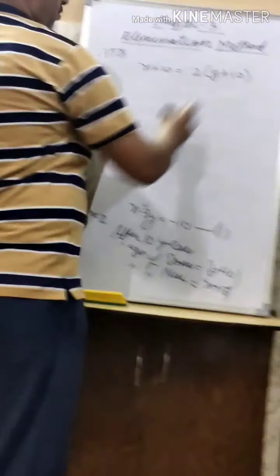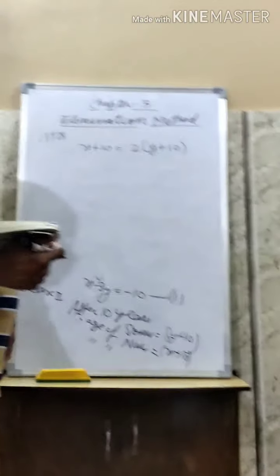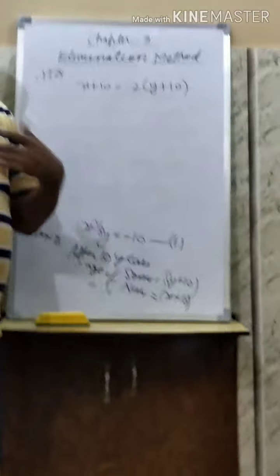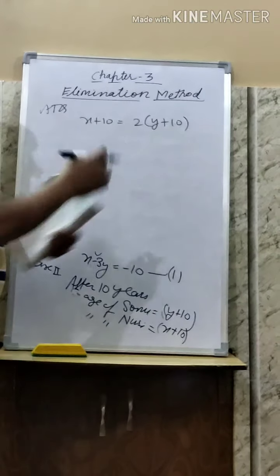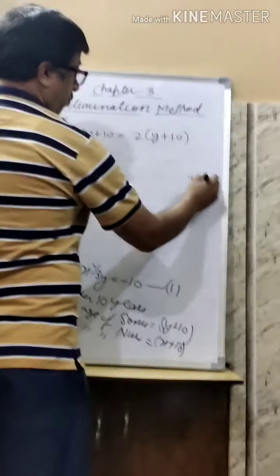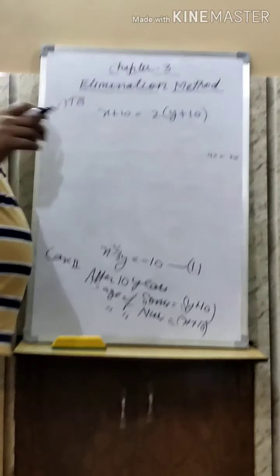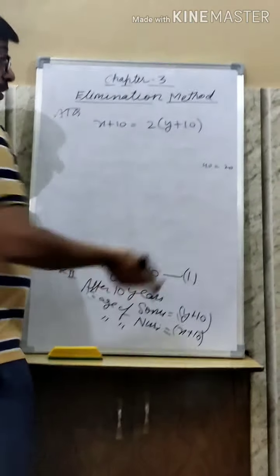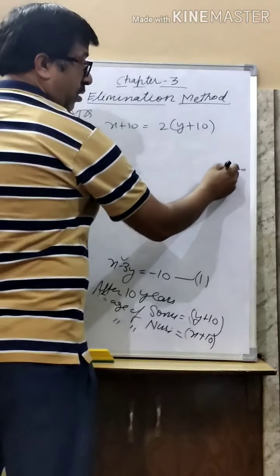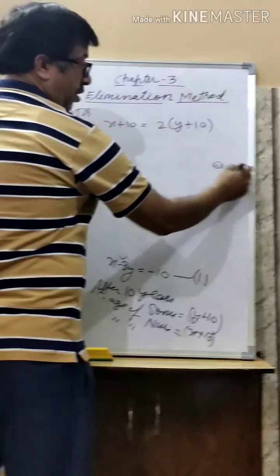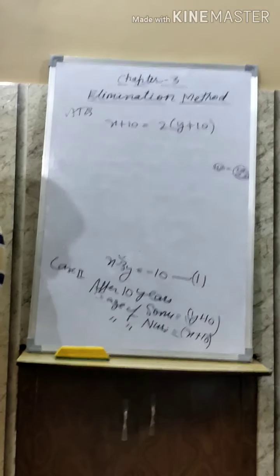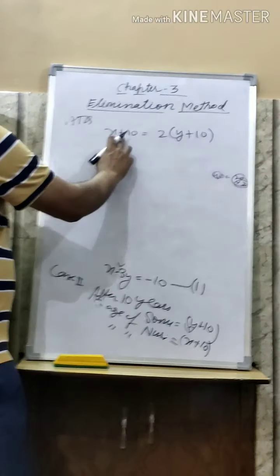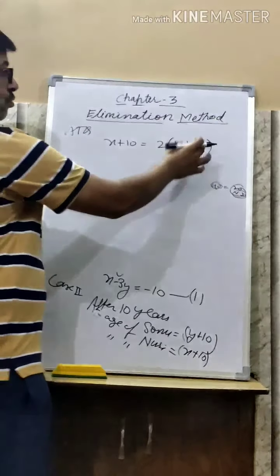Nuri's age will be twice, which means you will not take 2 with Nuri. If my age is 40 and your age is 20, and I say I am double of you, I will not take 2 with my age. I will take the 2 with your age. To balance the equation, I will take double with the front term. So Nuri's age is twice the age of Sonu.